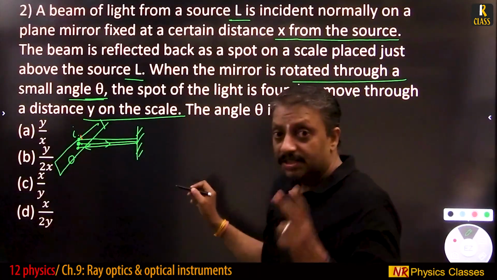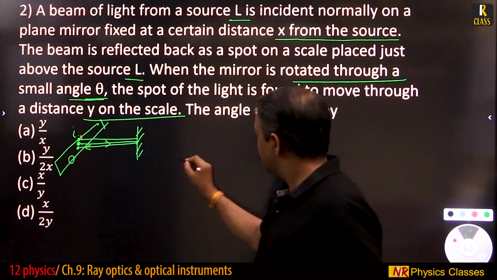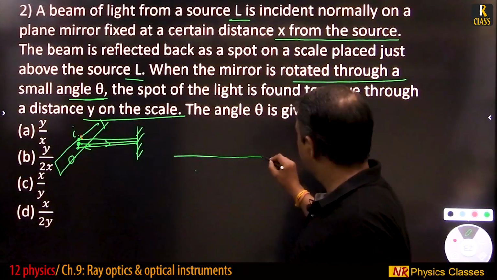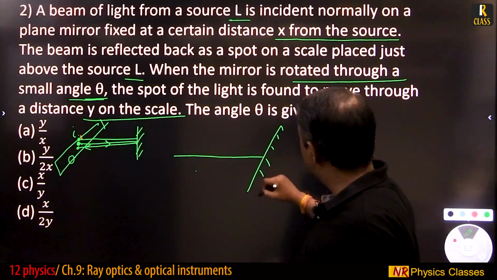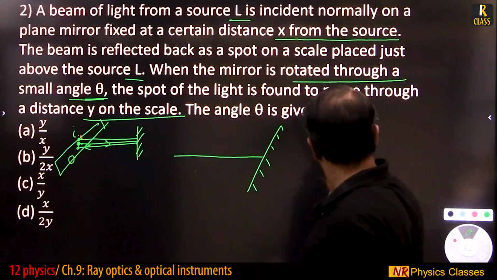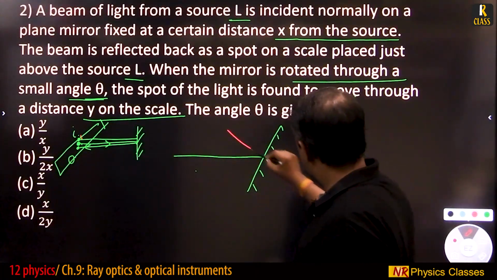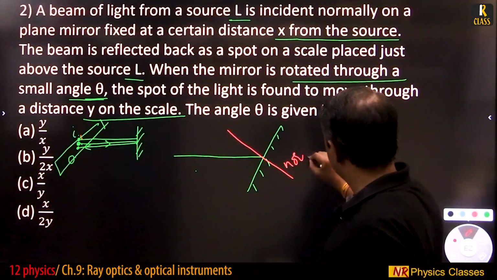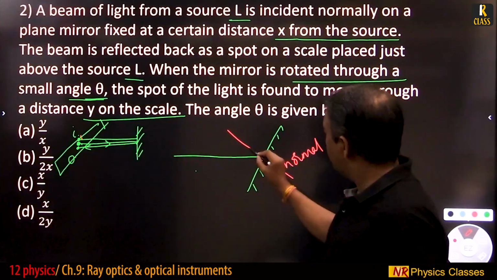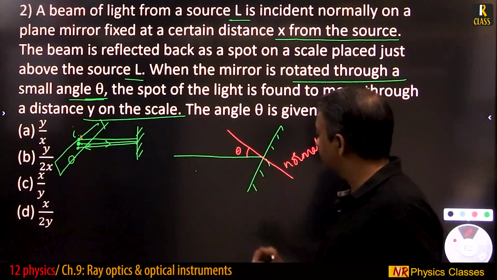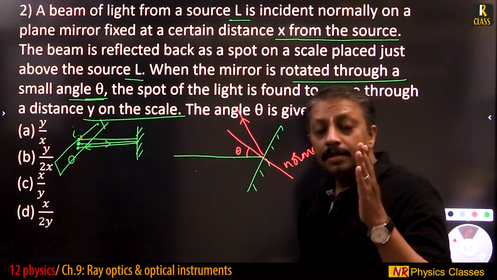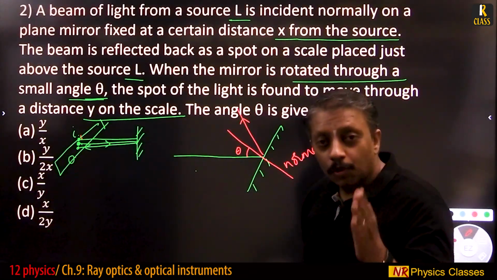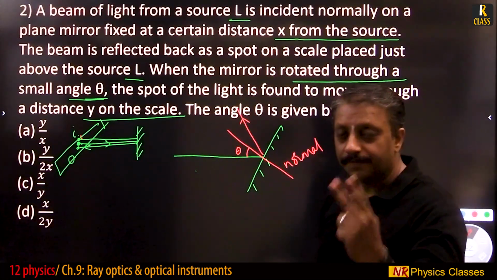This is the second concept. This is the incident light. If the mirror is turned by some angle, this is the normal drawn to the mirror. When this angle is theta, there is reflected light such that the total reflection is 2 theta.